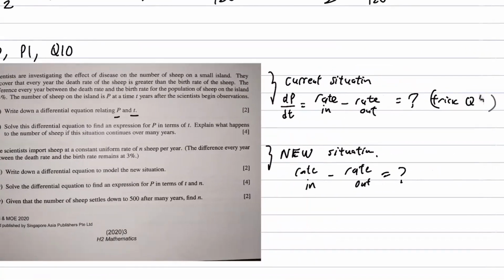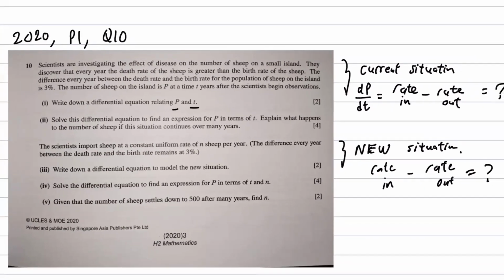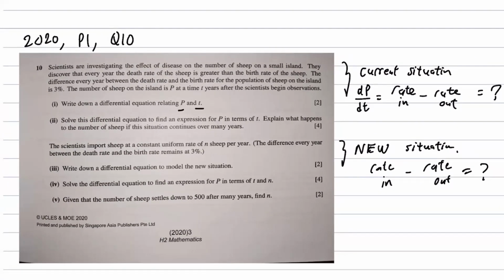Trick question, I think you cannot tell them individually. But what can you tell? The difference is 3 over 100. Yes, correct, because they already tell you the difference is 3 over 100. So it's really just this entire thing, not the individual parts. They gave it to you, so in a sense it's easier. It's really just 3%.